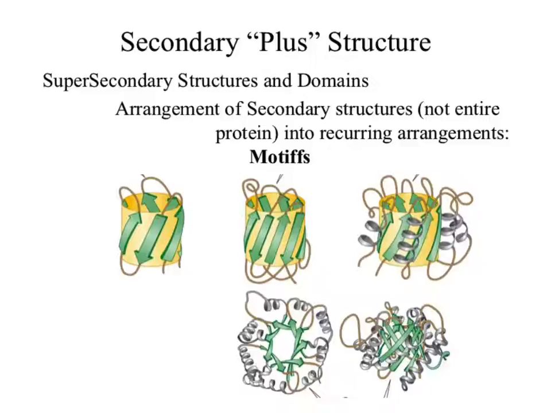Because the entire protein is known as the tertiary structure. So we're kind of in this gray area on what's happening, and that's why I refer to it as a secondary plus. Okay? Because it's still not the entire protein. Okay? It is a section of it, and it's still really happening due to the backbone interactions. So that really means it's secondary, but it's a little bit more advanced than just simple interactions.